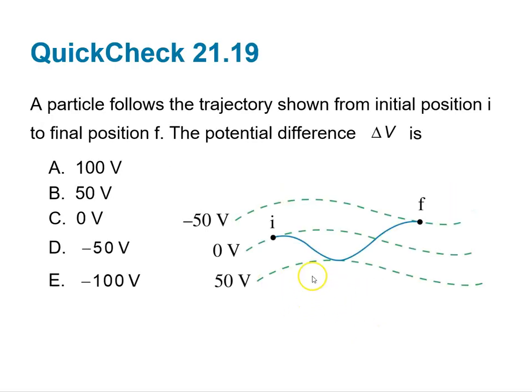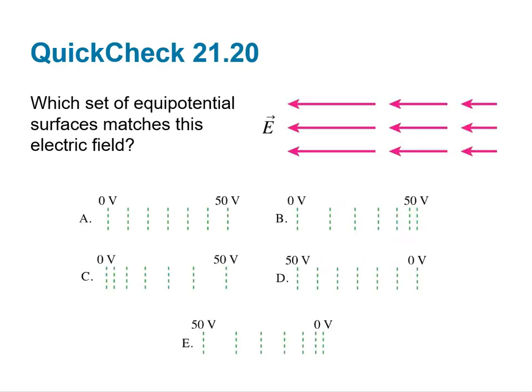It says a particle follows the trajectory shown from initial position I to final position F. The potential difference doesn't depend on how it got there. The potential difference is only related to where it started and where it ended up. So the difference between F and I is negative 50 volts, and that answer is D.